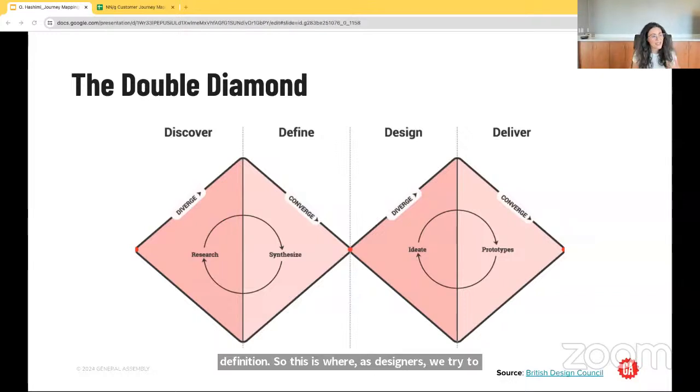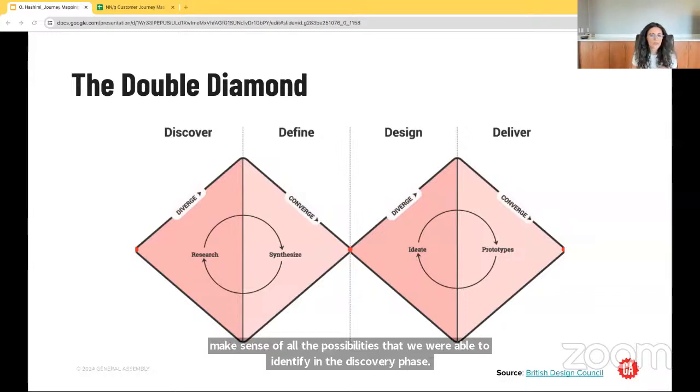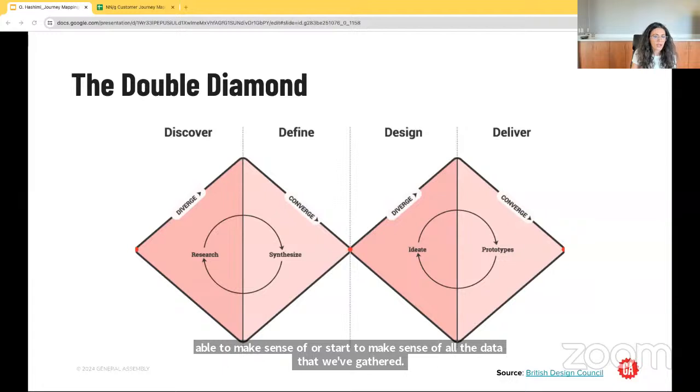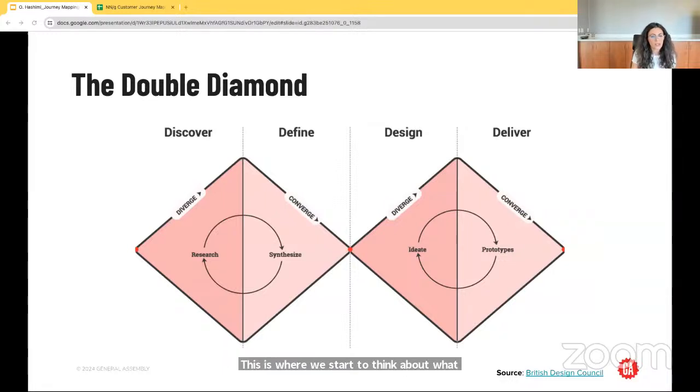We're able to make sense of, or start to make sense of, all the data that we've gathered. This is where we start to think about what really matters. What should we act on first, and what actually is feasible for our organizations, given our financial resources, our social resources, and our human resources.